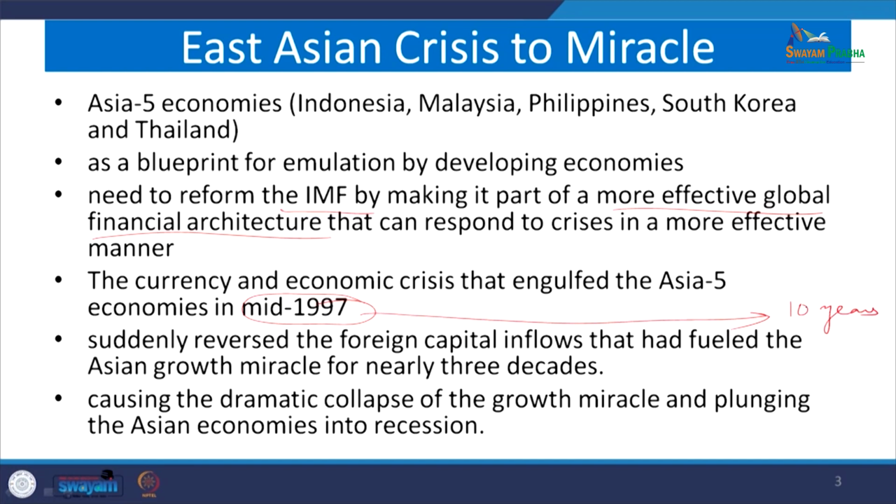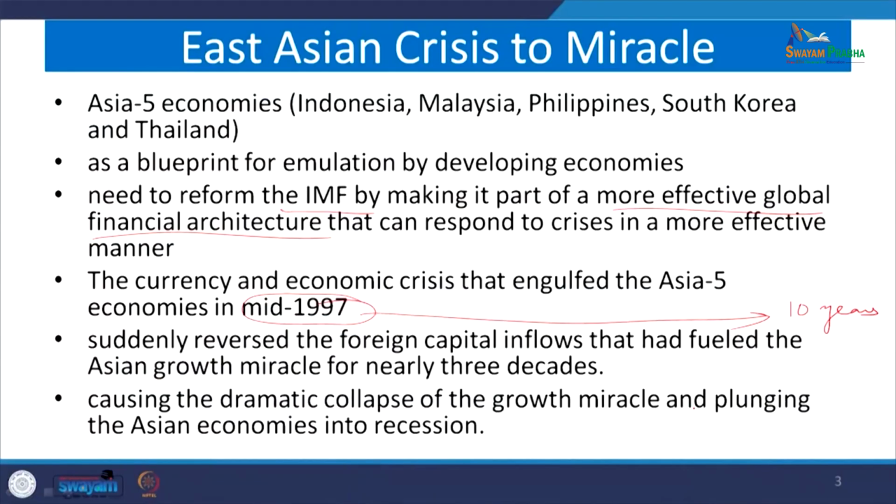By 2005, 6, these countries had made themselves very stable, but in between there was major evidence of recession. I am coming to each of the discussions.